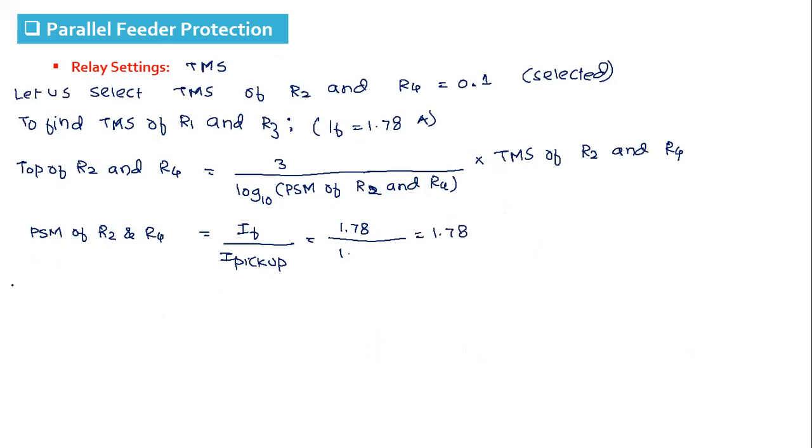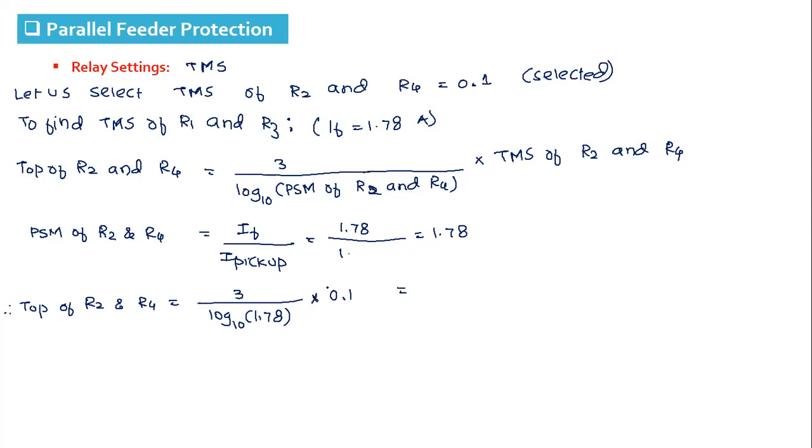And therefore here we can write 3 upon log 1.78 into TMS, which is 0.1. So what will be this time?